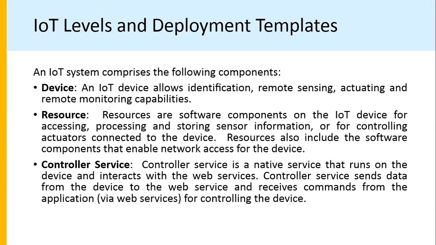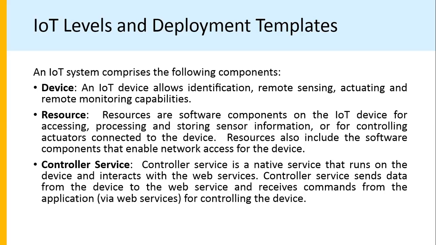It means if a temperature sensor is there, then it will have some software component in it which is accessing the room temperature every second, 24/7, which not only collects that temperature but also stores it in a particular structure, in a particular file. Then it also sends that data.